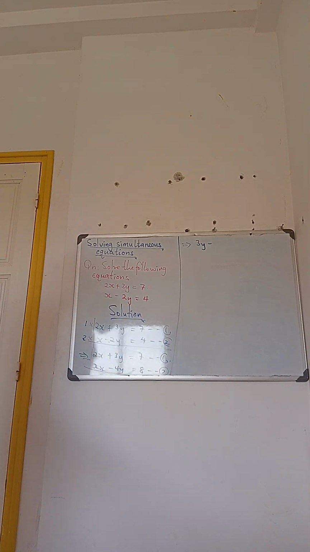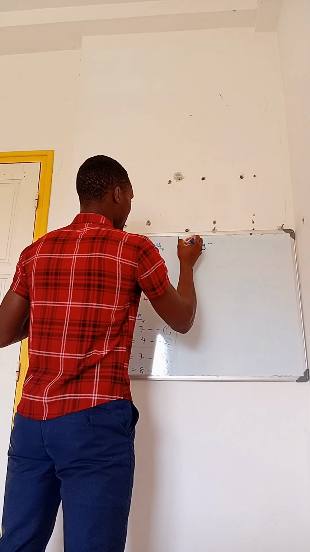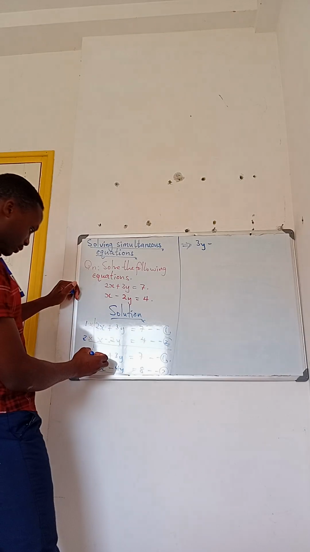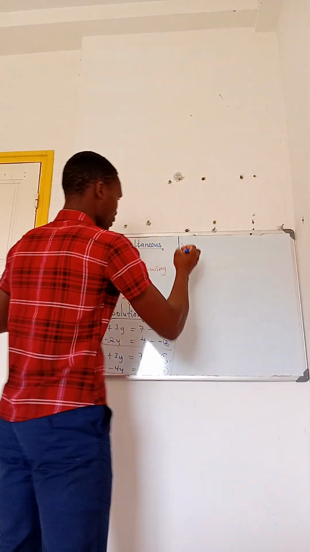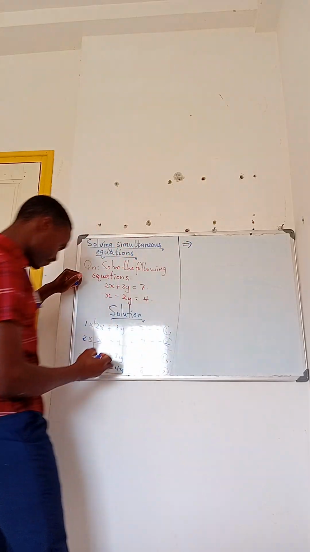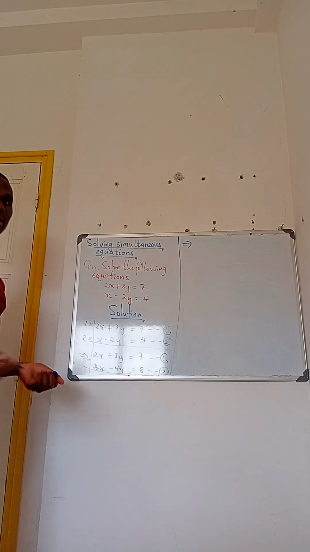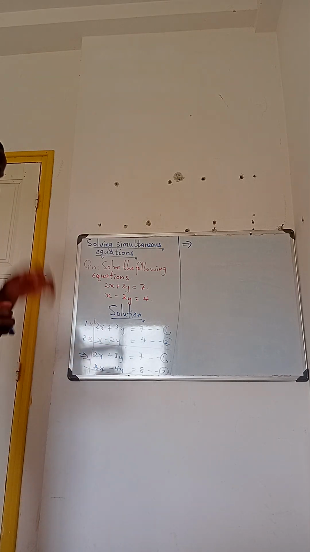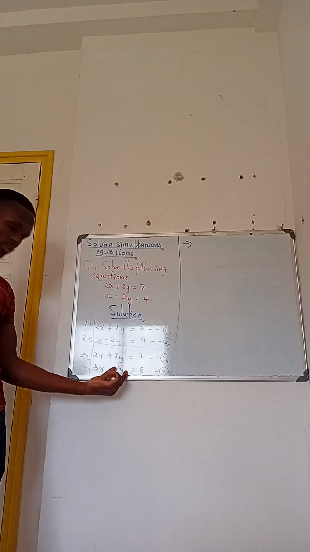So we say this implies that we have got 2x minus 2x. Automatically we get a 0. So we don't write it. We move to this column.